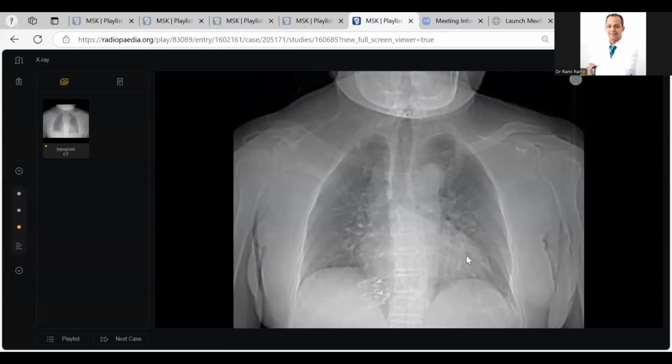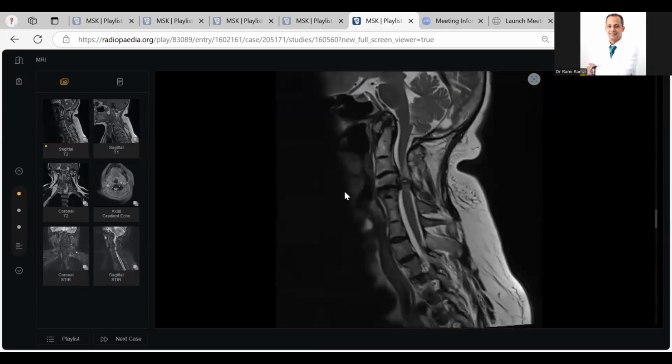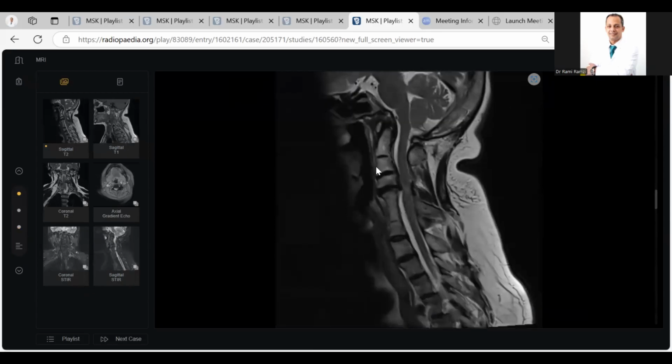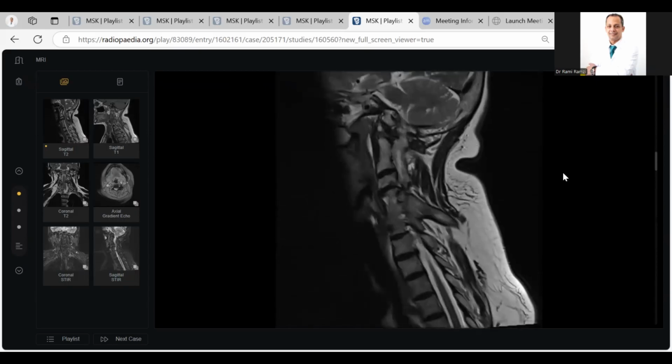So the right-sided scapula is high riding, and I can also see bone that is joining the scapula, likely omovertebral bone. I would like to go for the CT if available. So what is this? This is a blocked vertebra with degenerative changes that is causing significant narrowing of the spinal canal.